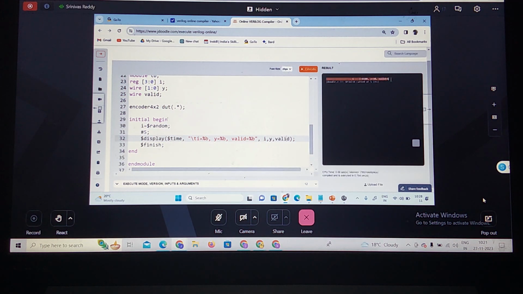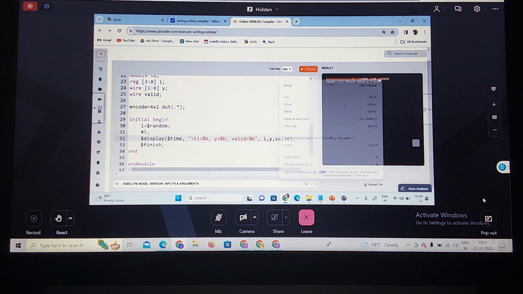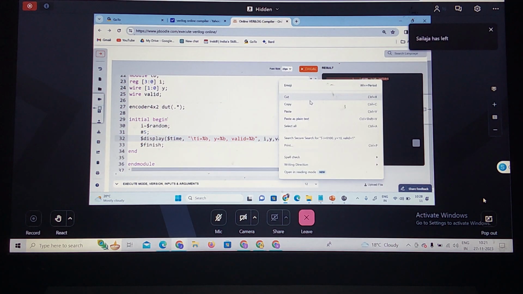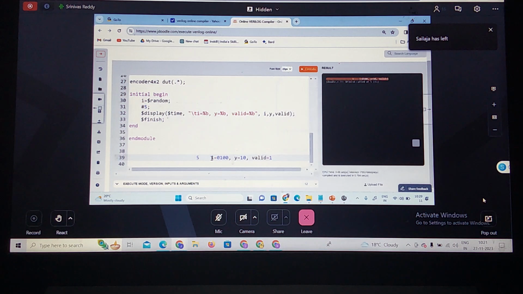Now can you verify the output of this? Is it working as an encoder? What if the input is 0100? This is I3, I2, I1, I0. I2 is 1 irrespective of the other inputs. Now this should be encoded as what? 10 means 2.